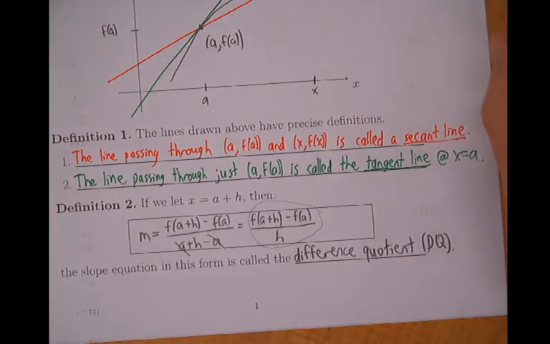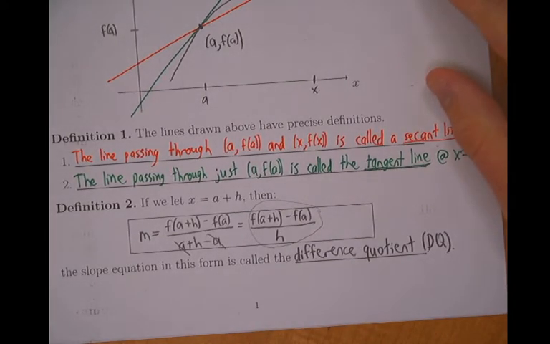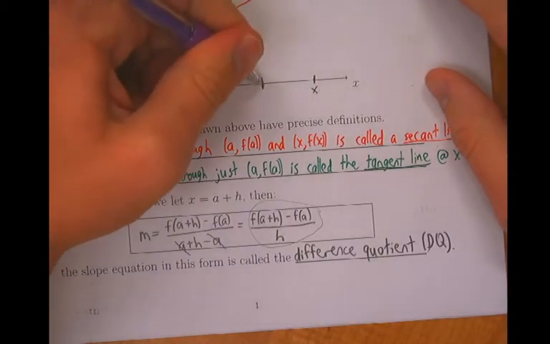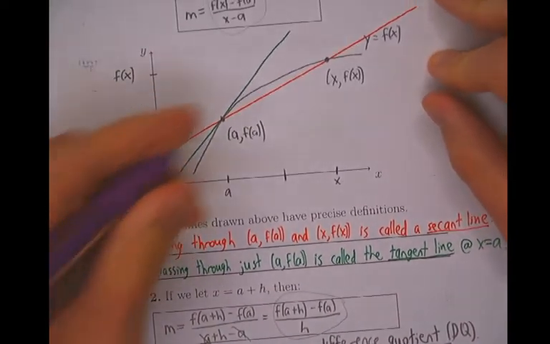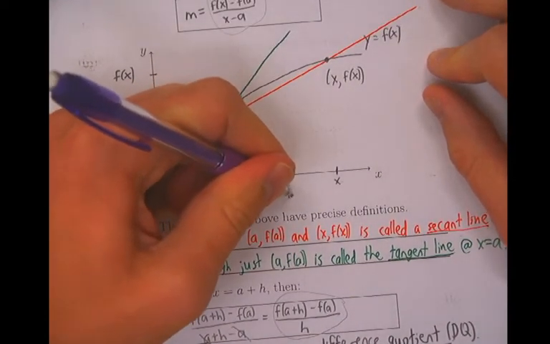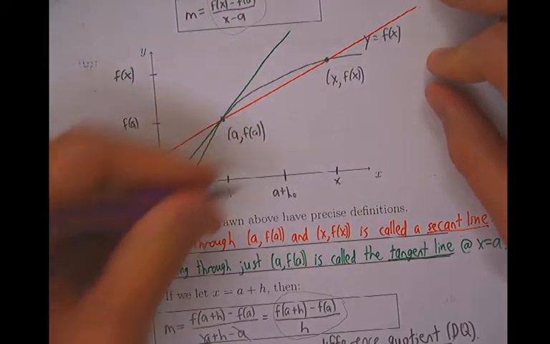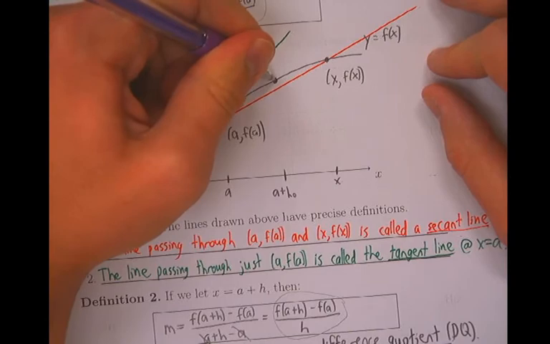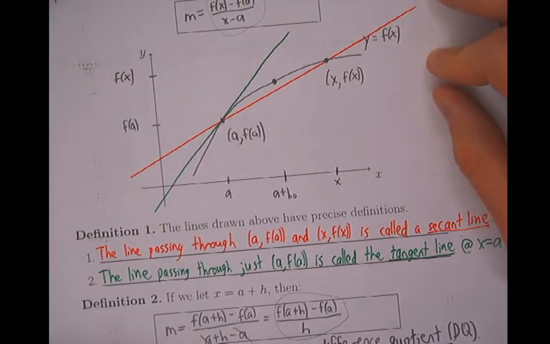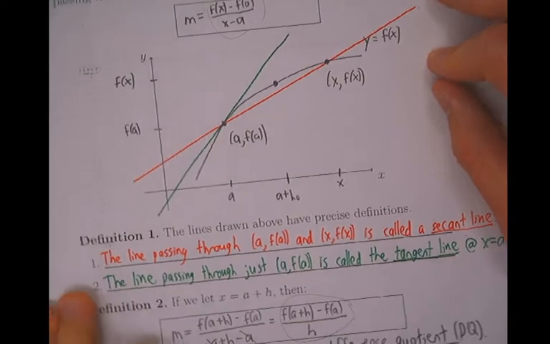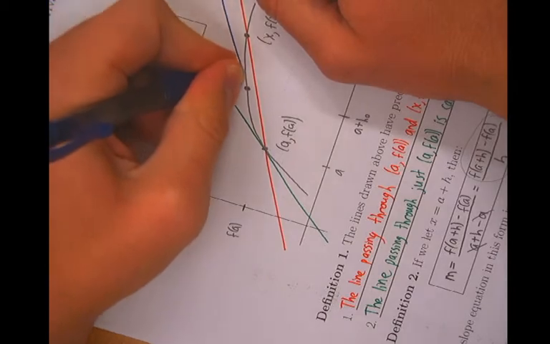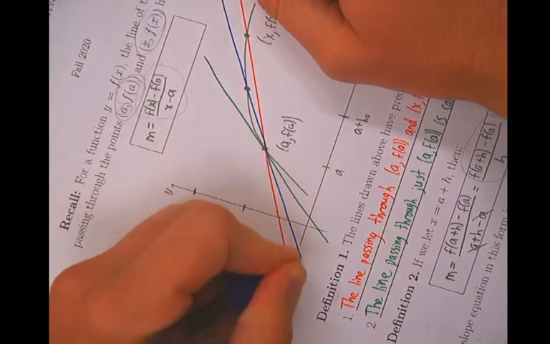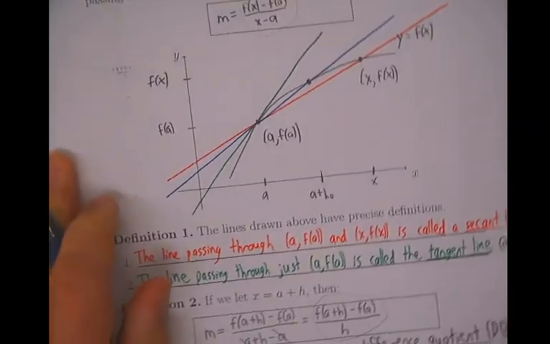Before we move on, one thing I'm going to mention is that if we were to draw another line, or look at another point, say right here, and we denote this as a plus h naught, then the point's going to be right here. If I draw another secant line, which I'm going to denote in blue, then what do we notice?